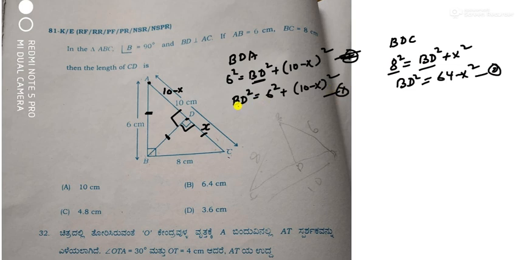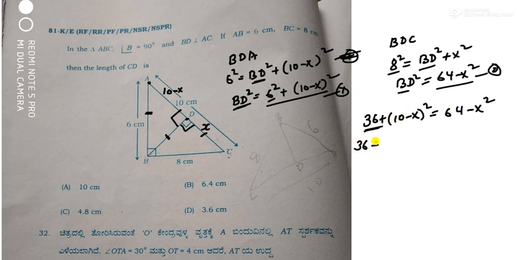Now both 1 and 2 represent BD square, which means this is equal to this. So just substitute: 6 square is 36 plus (10 minus x) whole square is equal to 64 minus x square, correct? Now you can bring this to either RHS or first solve it here itself.